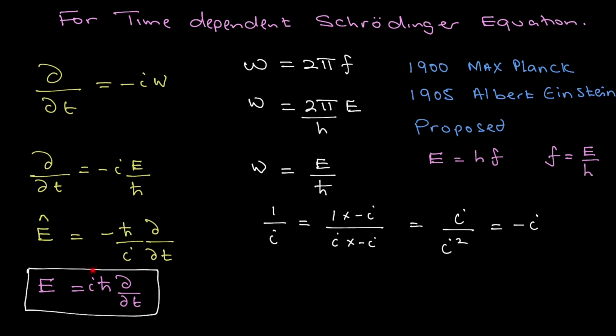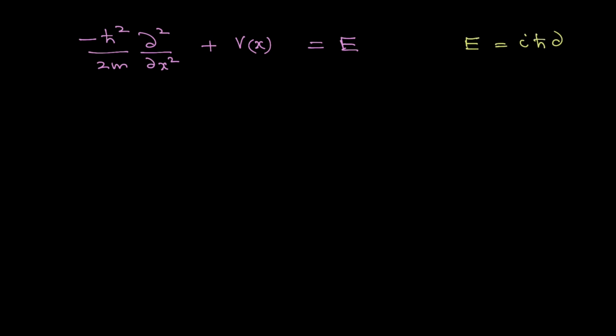Now I'm going to replace the E with this value. So now we know that minus h bar squared over 2m partial derivative second order with respect to x plus V(x) is equal to E. Now I need to replace E with the value. So we know E equals i h bar partial derivative with respect to t. Therefore, we get minus h bar squared over 2m partial derivative squared with respect to x plus V(x).